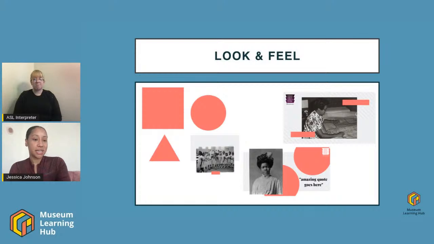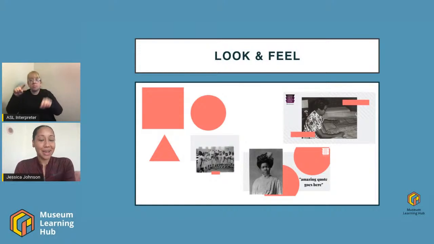So as you can see, I started with my basic shapes, a rectangle, a circle, and a triangle. And I also pulled together some mock images of how it would look if I had a horizontal photo or a vertical photo. What if the vertical photo doesn't take up the entire image for the Twitter card, maybe I'll include a quote, and you'll note that the quote just says amazing quote goes here on my mock-up.